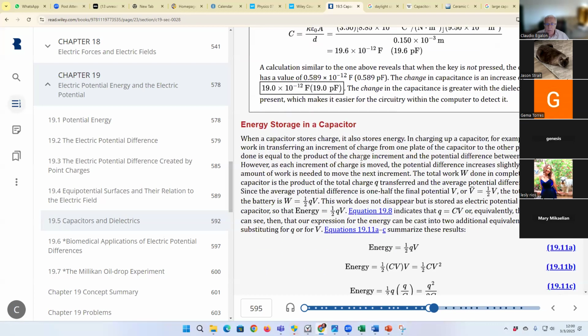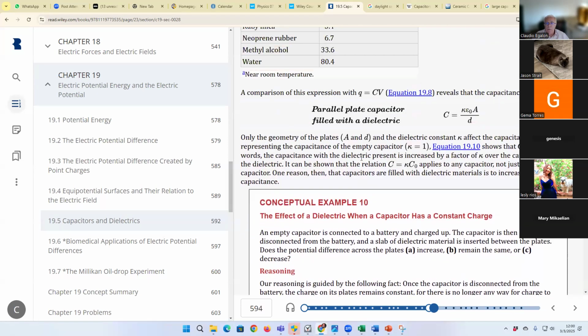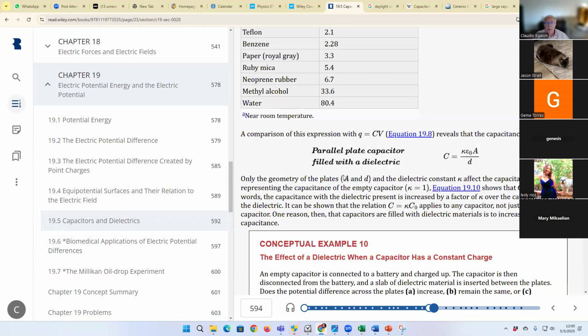This is an application, right? Let's do this one here: a parallel plate capacitor filled with a dielectric.